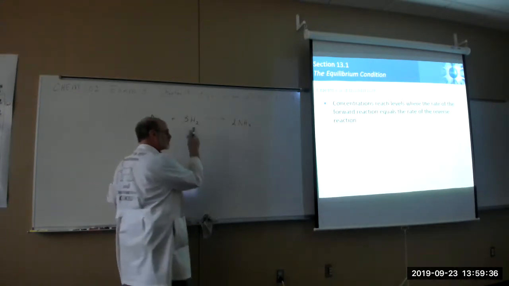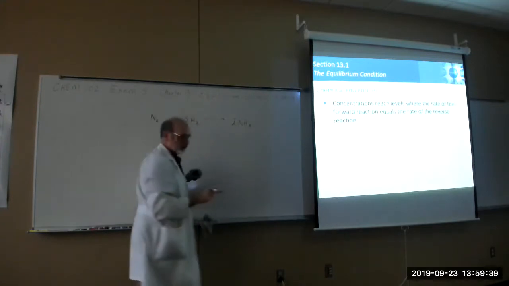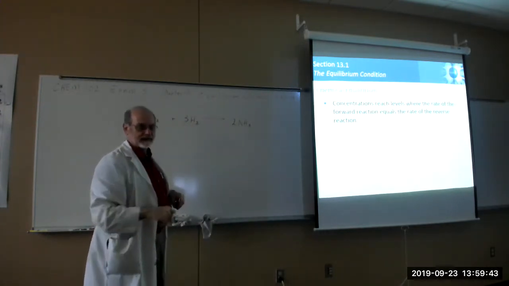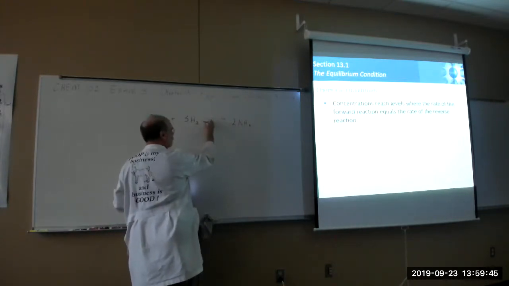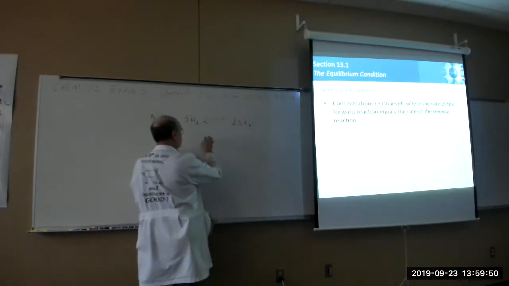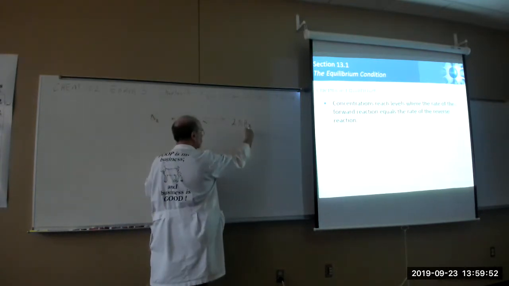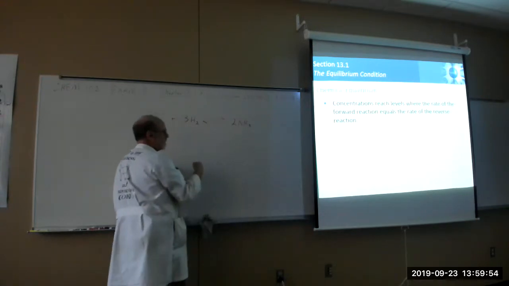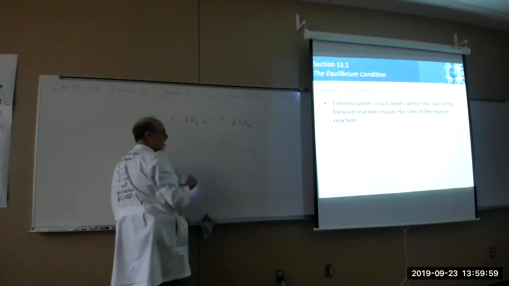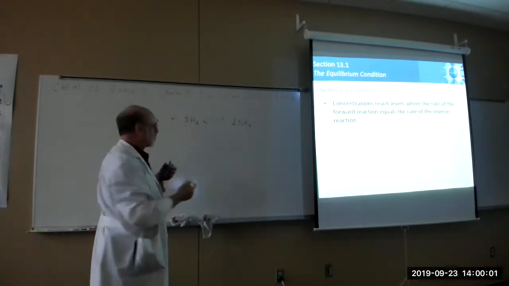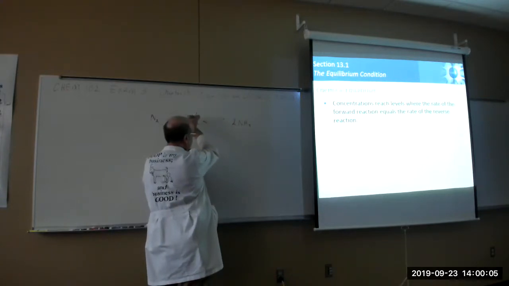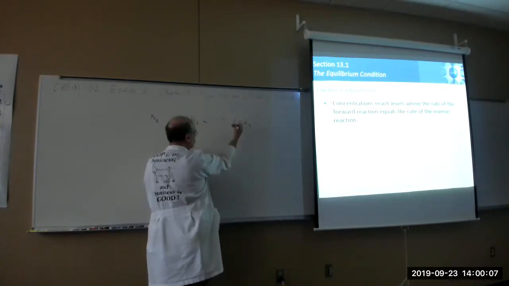But as soon as you start getting some of the ammonia produced, it wants to go back the other direction. So that's why we have a double barbed arrow like that. Because it says that as you build up more and more of this, the reverse pressure to form reactants from products builds up against it. So you reach a point where the forward rate is equal to the reverse rate.